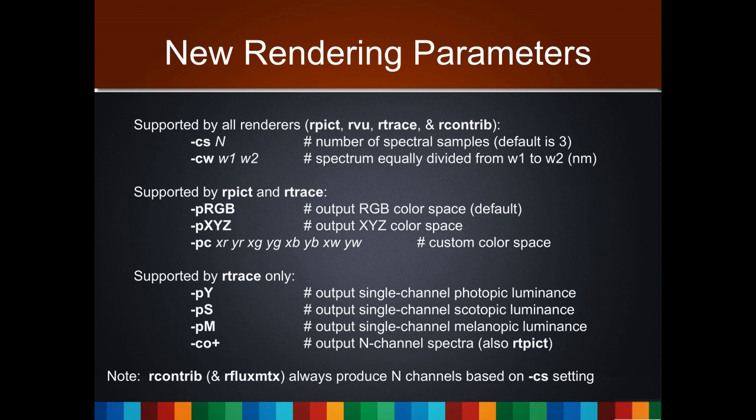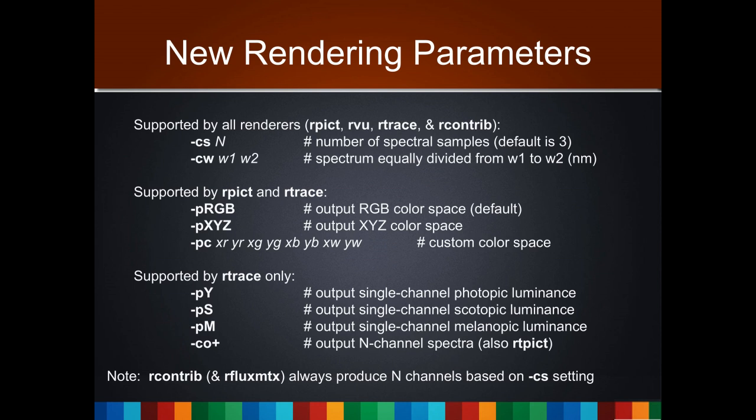So the new rendering parameters that go with spectral rendering, the most important one is the -CS parameter, which says how many spectral samples to use during rendering. And this defaults to 3, which means even if you have a spectral scene description, it's just going to do an RGB calculation unless you tell it to do more. So this can be set up to whatever the limit is for the compile, so 24 in the default compile.